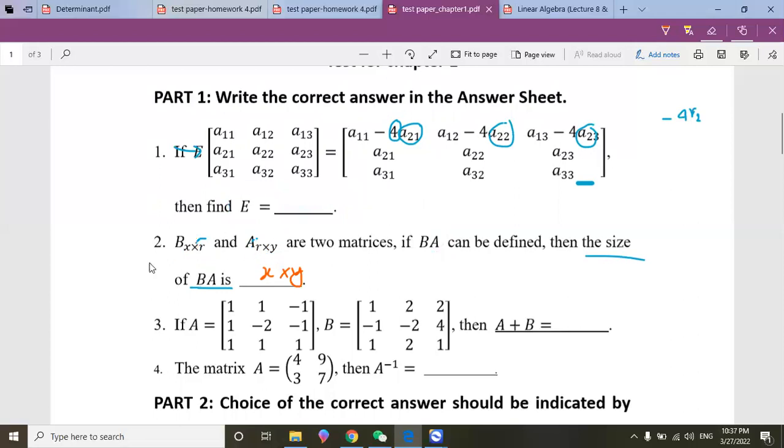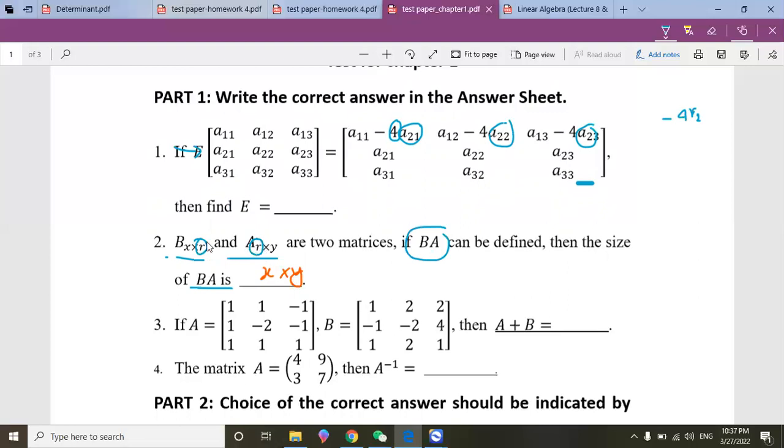So, anyway, let me explain again. We have two matrices here, right? The first one is x by r, and the second one is r by y. To multiply two matrices, we need to make sure that the columns of the first matrix equal the rows of the second matrix.